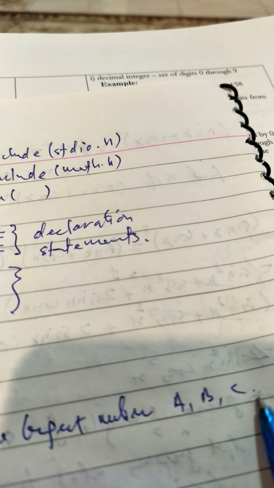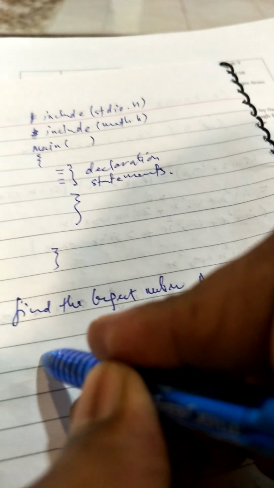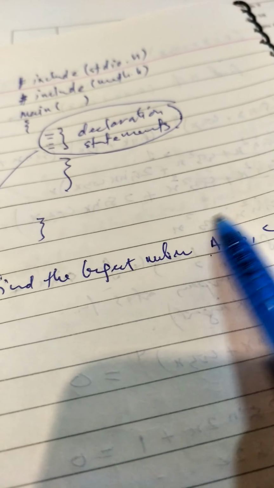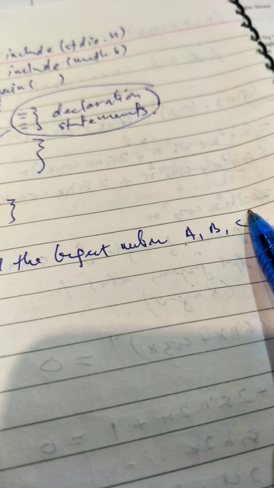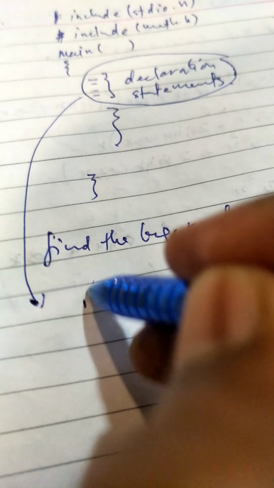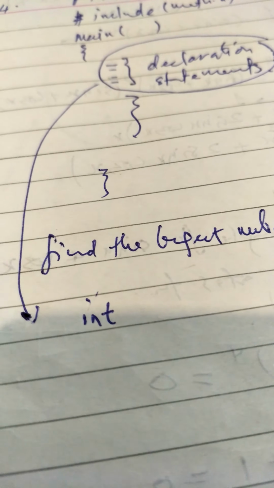So if that is an integer number, how do we declare those things? Now we want to declare A, B, C as integers. For integer, the built-in keyword in C is int.